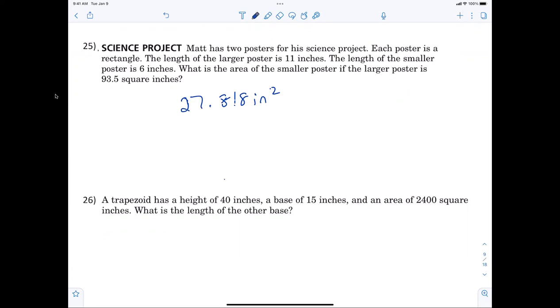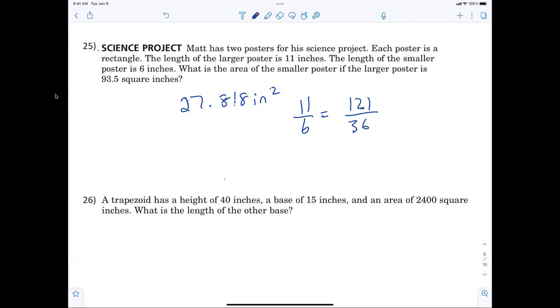Okay, so tell me what's the problem? What's the ratio of the sides? 11 to 6. So the ratio of the areas is what? 11 squared is what? 121 to what? 36.